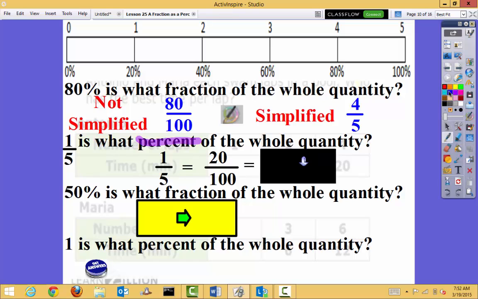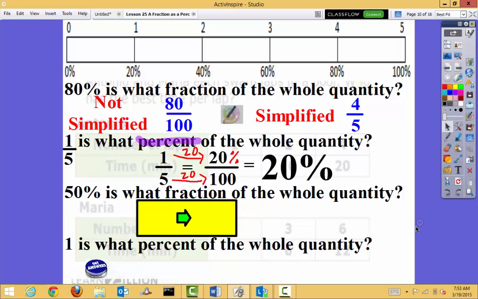If I multiply by 20, that becomes 100, and this becomes 20. So now what is that as a percent? Well, all I do is add a percent sign to that numerator.